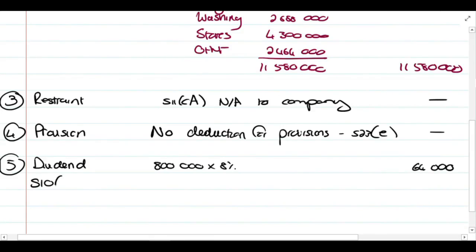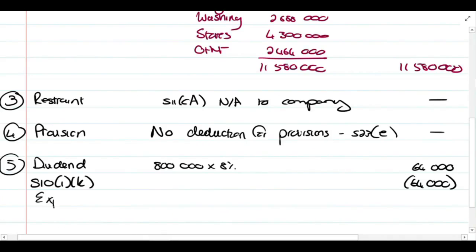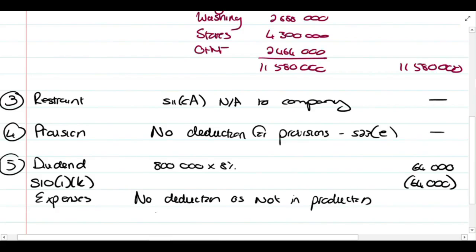That amount is exempt in terms of section 10(1)(k). And then we have these expenses incurred, and there's no deduction as not in the production of income.